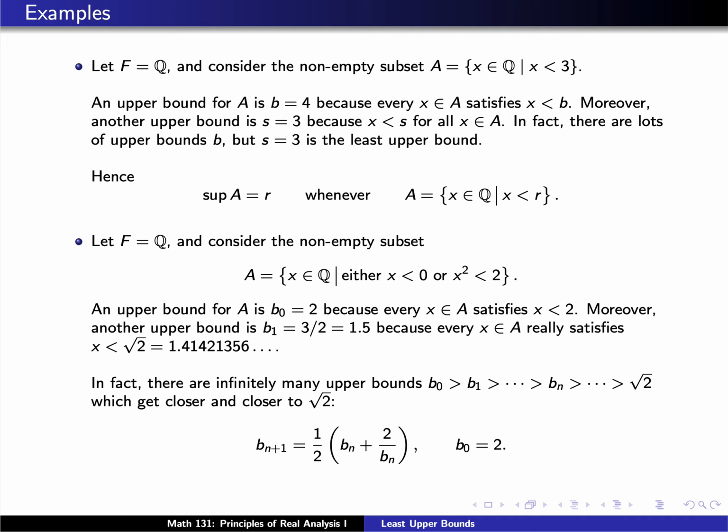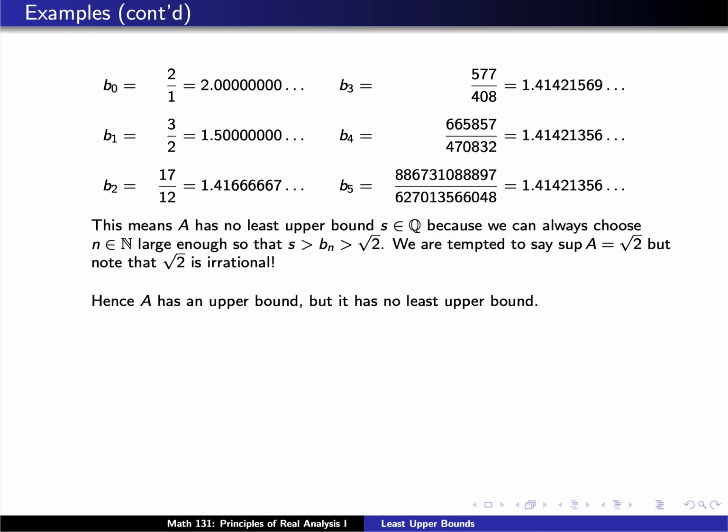There's a recursive formula that you'll see on your screen that explains how we might construct such a sequence. Here we'll plug in very specific values so you can see how these numbers do get closer and closer to the square root of 2. Actually, this shows that this set A has no least upper bound S that's a rational number because, given such a rational number S, we can always choose our B sub n's that lie between this upper bound S and the square root of 2.